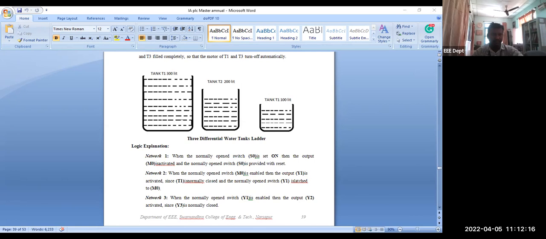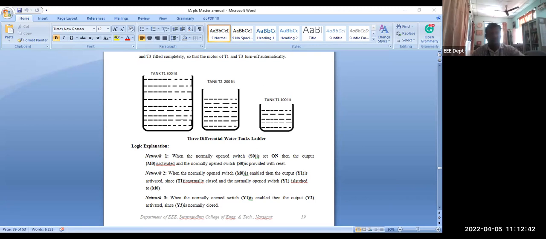The next one is a new project, experiment number 8: water level control with valve control. I will put the title valve control, and we are using a new project named valve control.